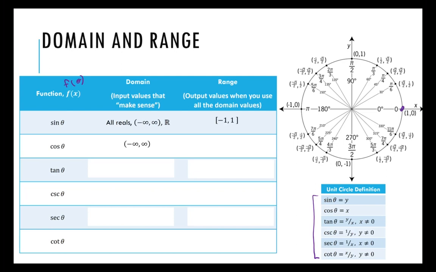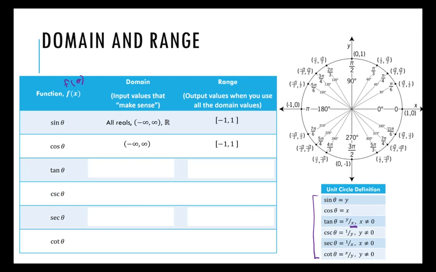If we're looking at the x value, the x values are positive 1 here, decreasing to 0, decreasing to negative 1, increasing to 0, increasing to positive 1. But if I keep following the circle, you'll never get a value smaller than negative 1 for the x. You'll never get a value larger than positive 1, and so I claim the range of cosine is negative 1 to 1.